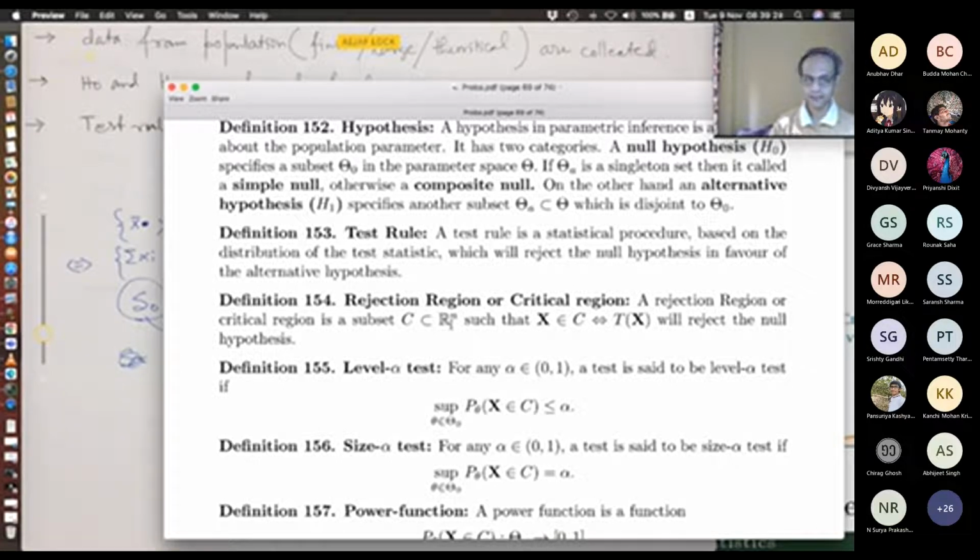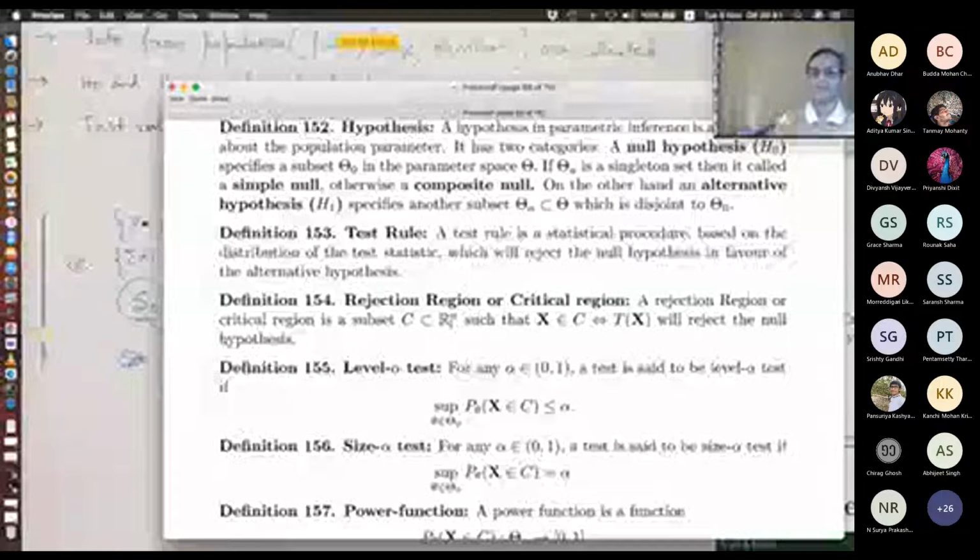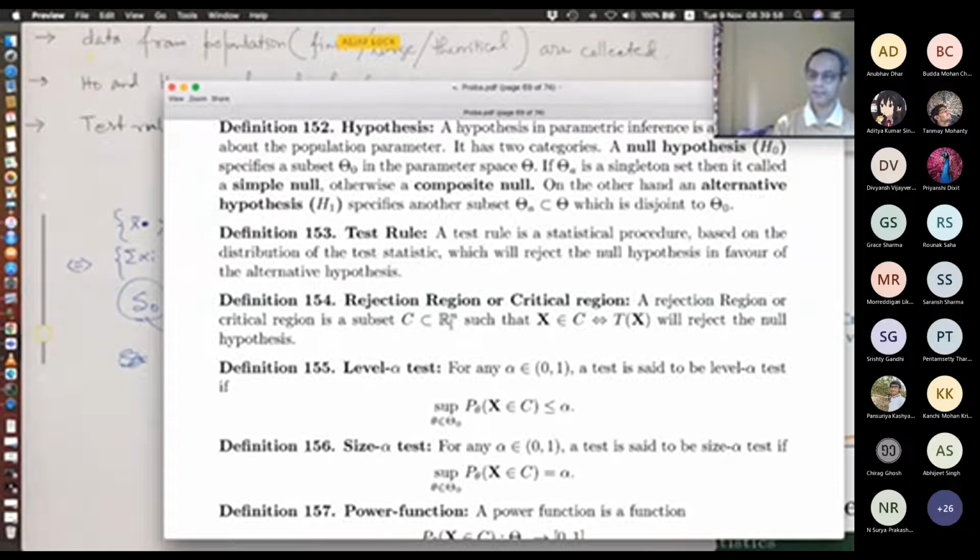and if X belongs to that subset, that leads to the rejection of the null hypothesis; that subset is known as the rejection region or the critical region. Now, under H naught, if the probability of X belonging to the critical region is less than or equal to alpha, then alpha is known as the level of the test, and if equality is attained, then it is known as the size of the test.